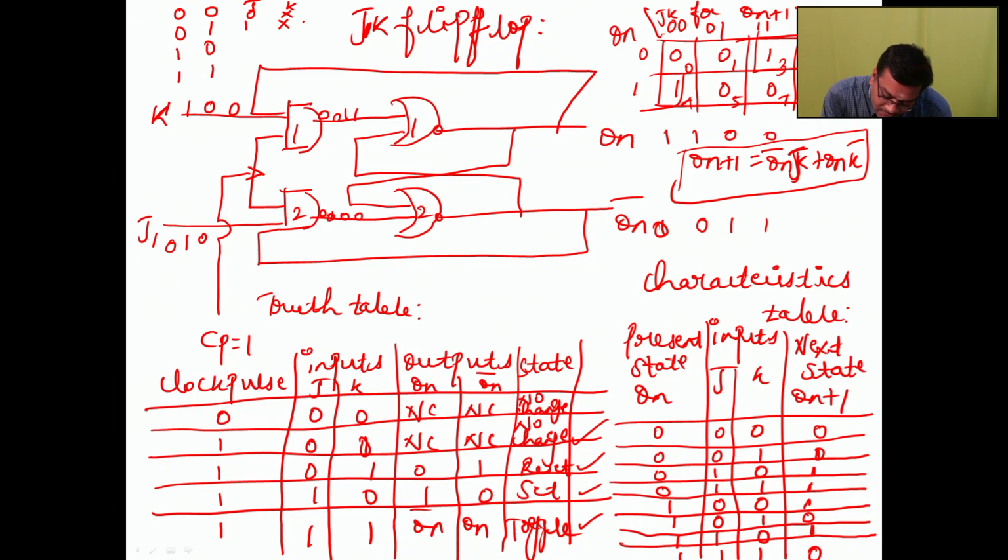Similarly 1 0: don't care 1. 1 1: don't care 0. So this is the excitation table for the JK flip flop, and this will be the characteristic equation for the next one.